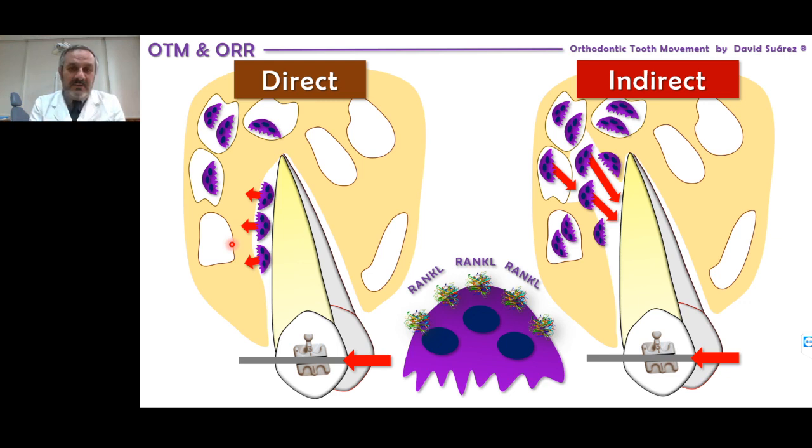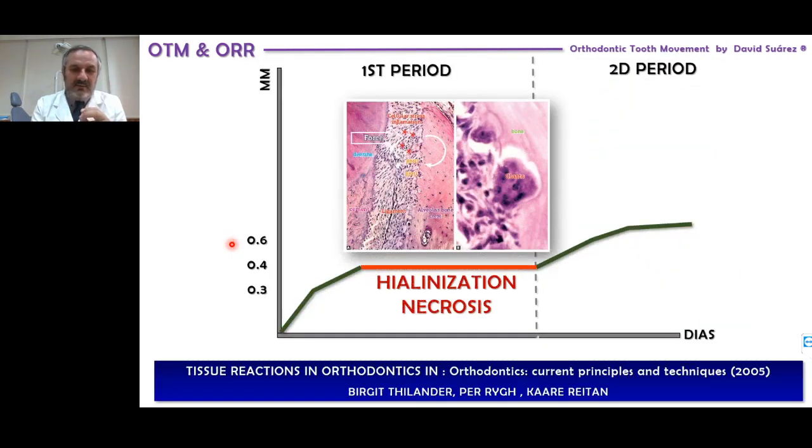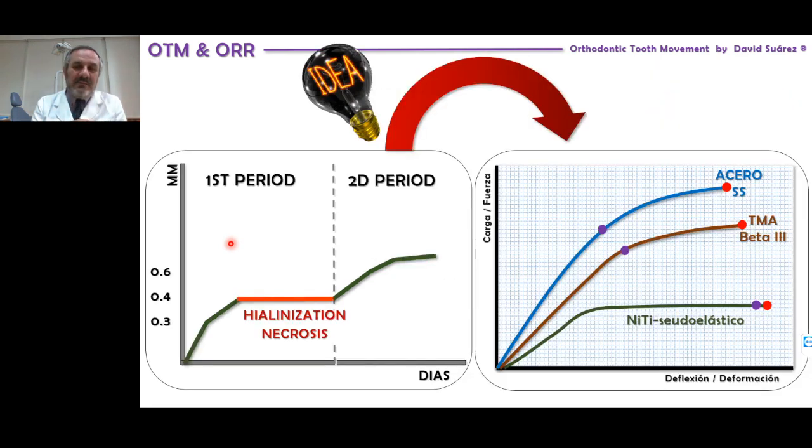Refuse the use of heavy forces. Refuse the contact between the root and the cortical bone. Refuse the jiggling orthodontic movement. For this reason, remember Thilander, Proffit, or Graber, talking about hyalinization, necrosis, and radicular resorption. We have to avoid this part of the orthodontic movement.